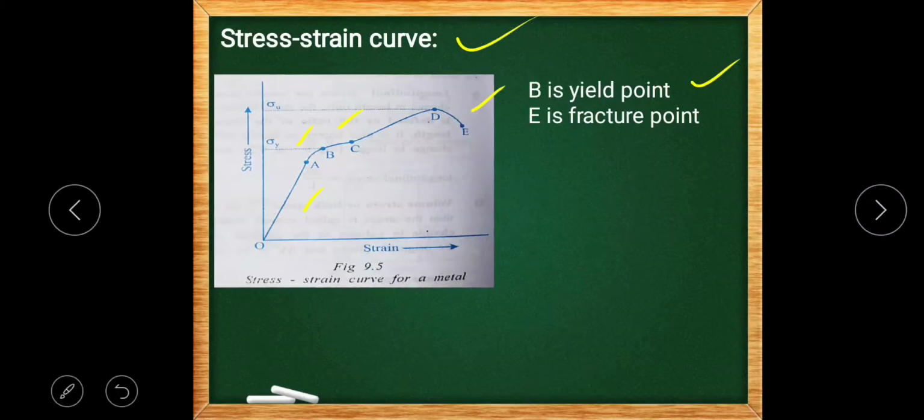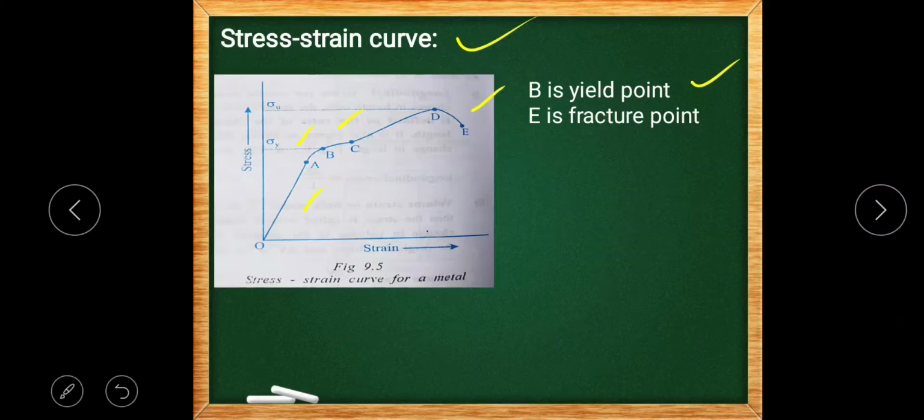Here, according to this graph, generally the materials can be divided into two types, brittle and ductile. If the points D and E are close to each other, then fracture occurs early or soon.